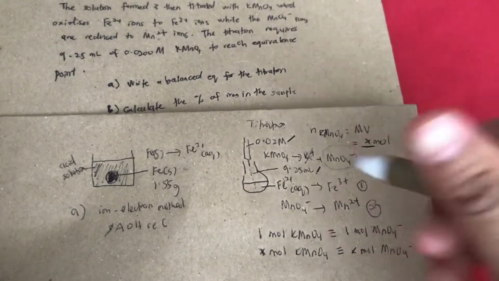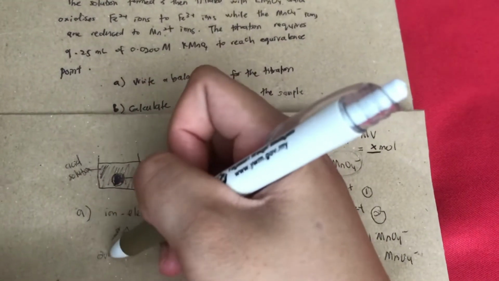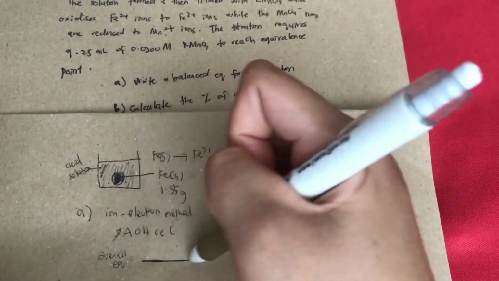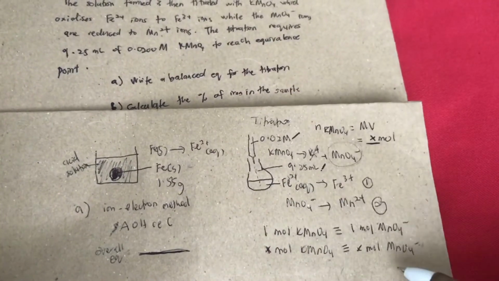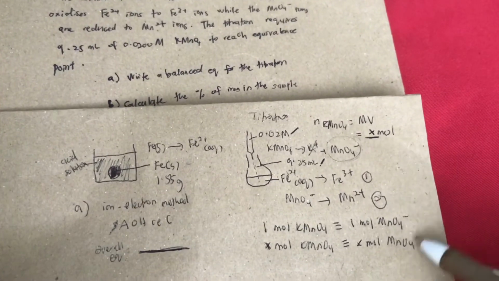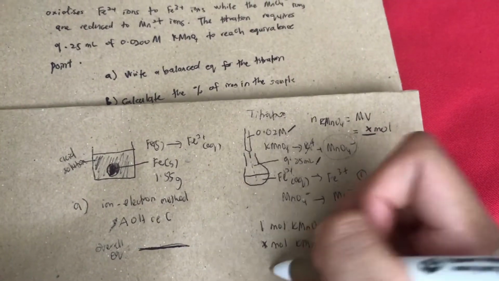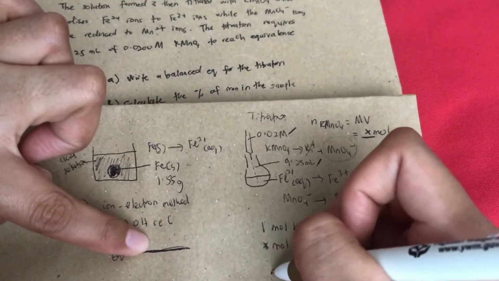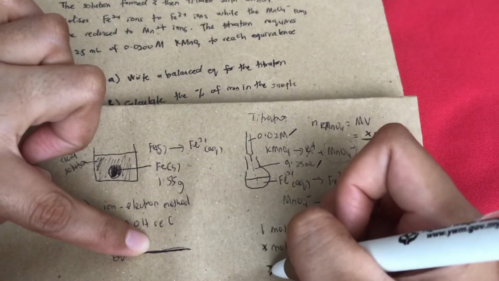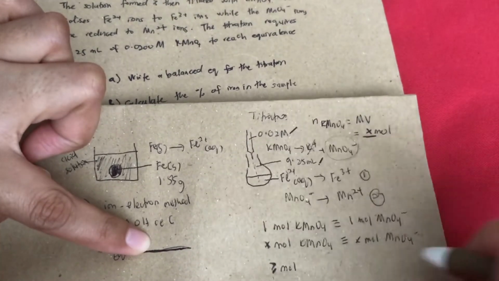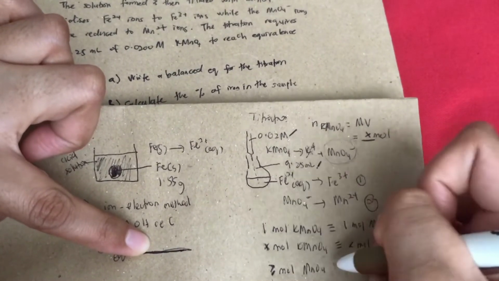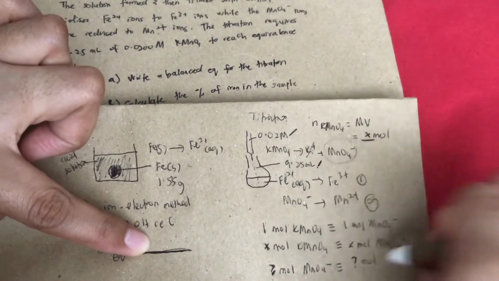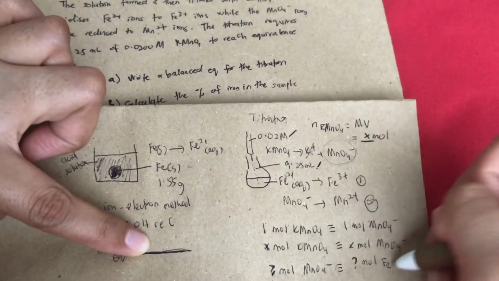Once you get the balanced overall equation, we can do stoichiometry for MnO4-. From the equation, how many moles of MnO4- is equivalent to how many moles of Fe2+.